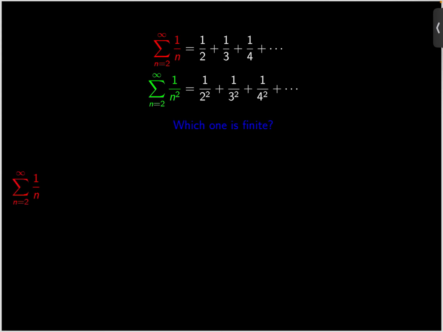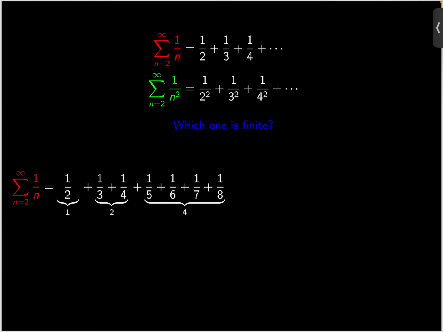The sum from n is equal to 2 up to infinity of 1 divided by n. Let's start writing some of the terms out. So we've got 1/2. I've decided it was appropriate to include this 1 here to indicate that we've got one of these terms. The next few terms, we've got a third and a quarter. I've decided to group them together, and there are two of these things that I'm grouping together.